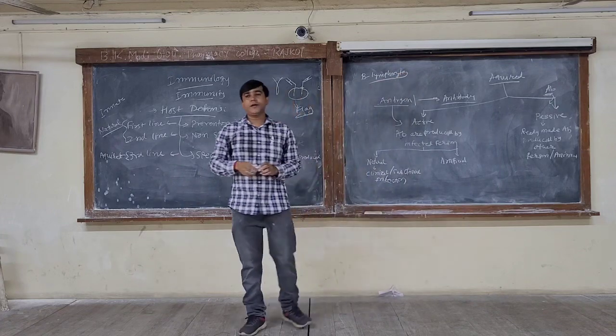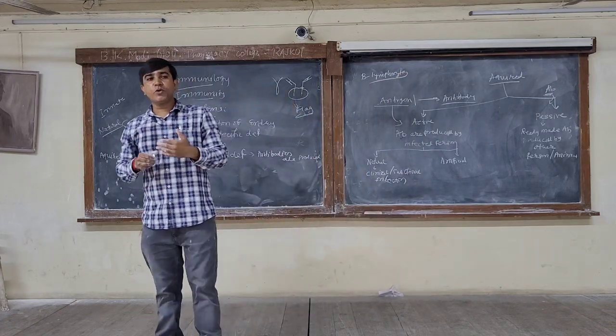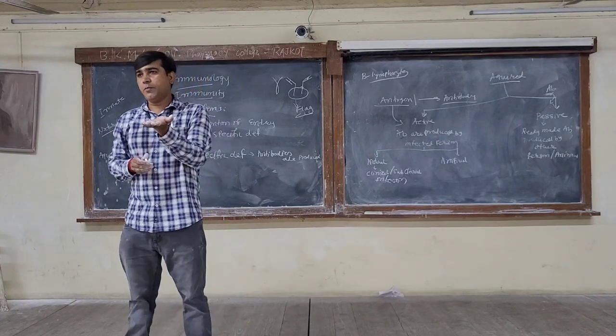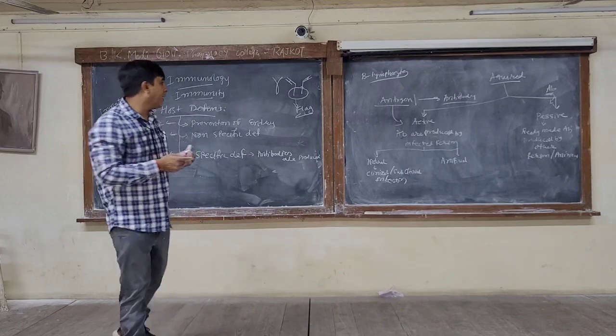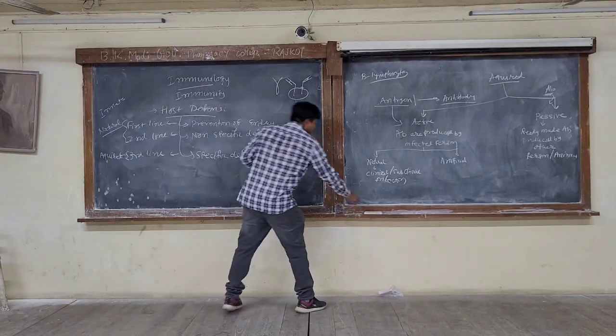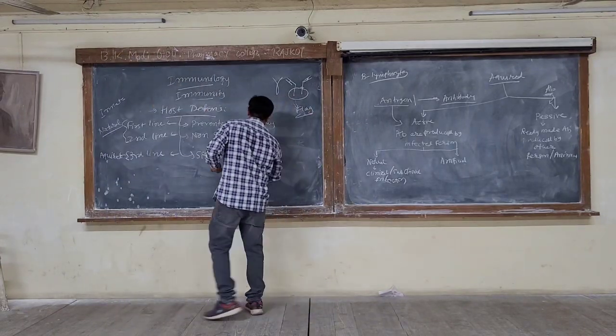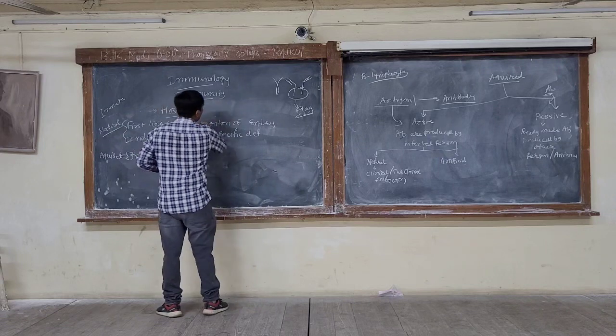Okay. And when the antibody production starts, the first step is the identification of the antigen. When the body identifies the antigen, it reaches the surface. After that, it goes to clonal selection.